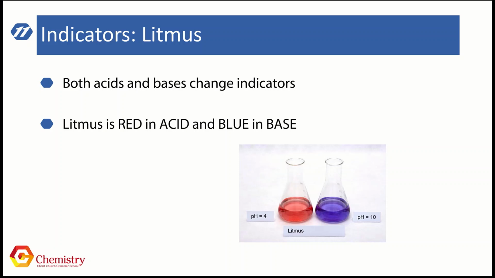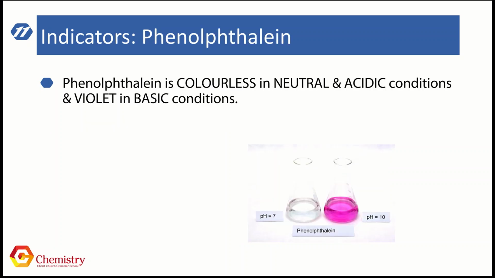So litmus is red in acidic conditions and blue in basic conditions, and also another indicator, phenolphthalein, that's colourless in neutral and acidic conditions, and it's the violet pinky colour you can see in basic conditions.